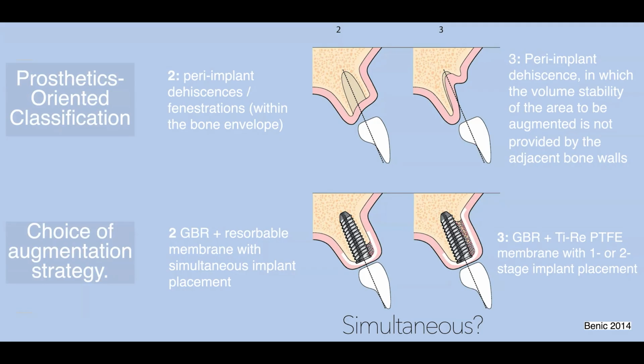And this is a very important aspect, and we'll also speak about that later, that this has to be considered when you're picking what type of procedure you're doing, and if you're doing simultaneous or staged. This cannot be ignored. The amount of experience that you have dictates what you can do, and it also dictates what type of augmentation you should be doing.